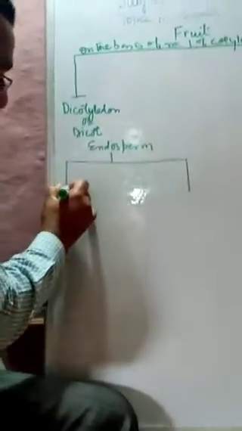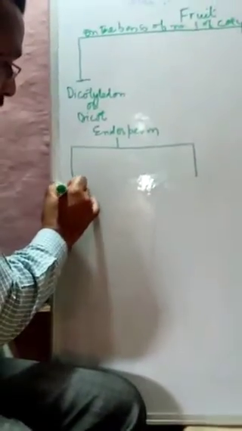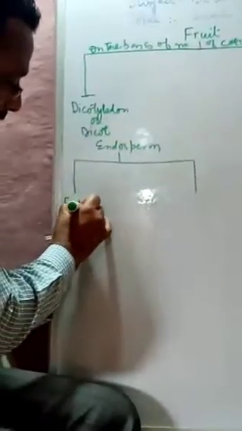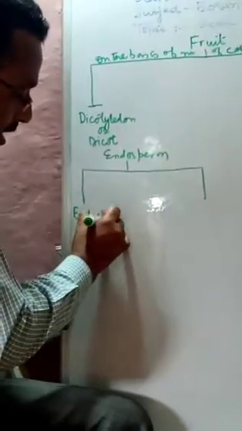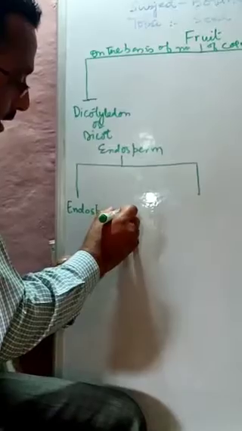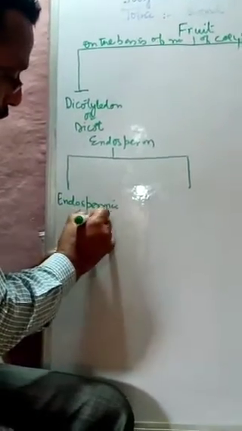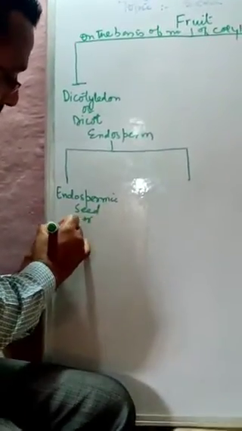If the endosperm is present, then it is called as endospermic seed, or albuminous.